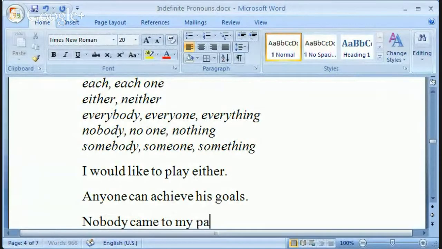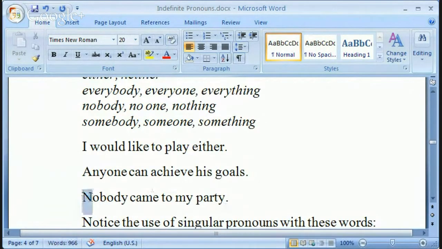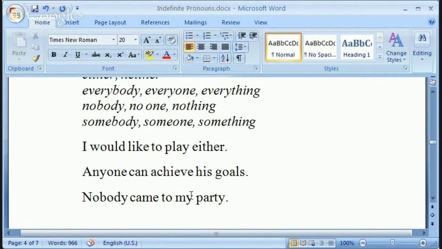That's a sad sentence. Nobody came to my party. Very good. Okay, nobody. Indefinite pronoun. It doesn't refer to any specific person. Nobody came. Okay, nobody came to my party. Very good. Good job. That's correct. Good job. That's what I'm looking for.